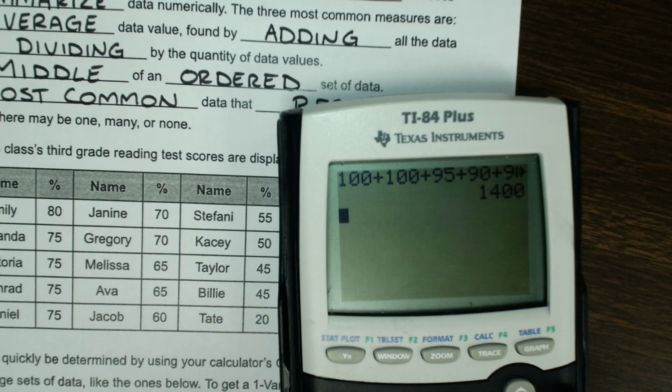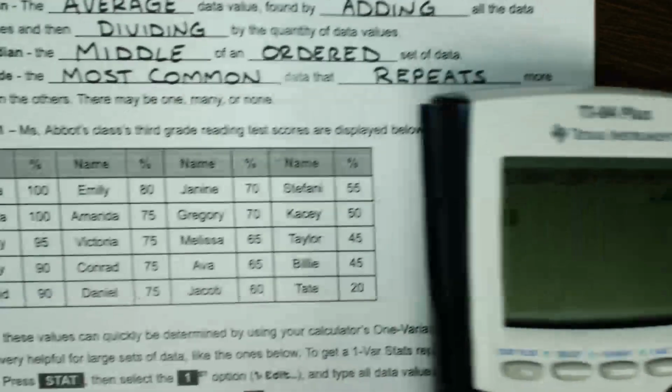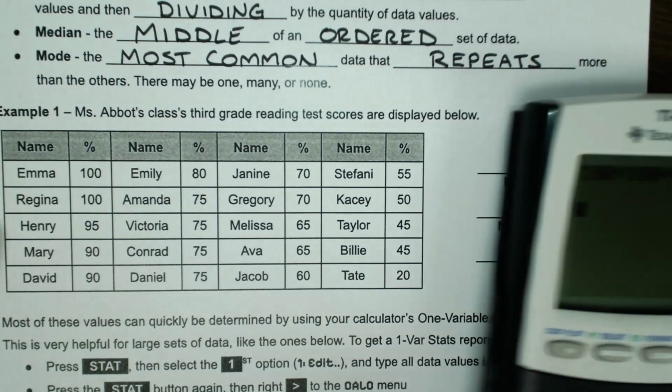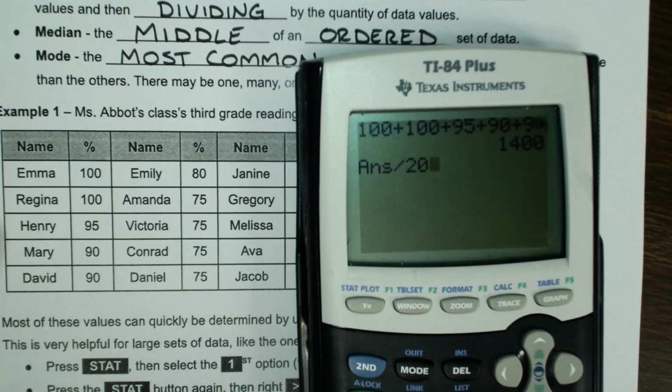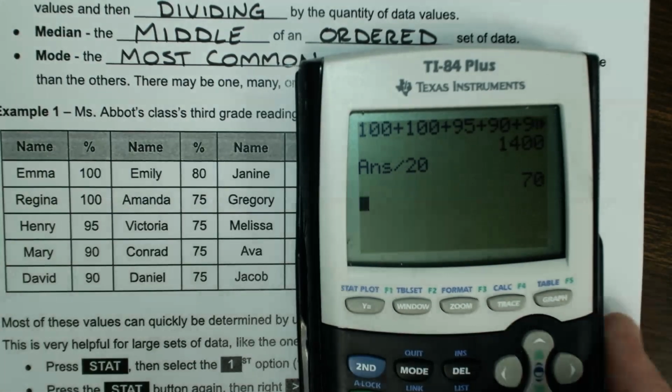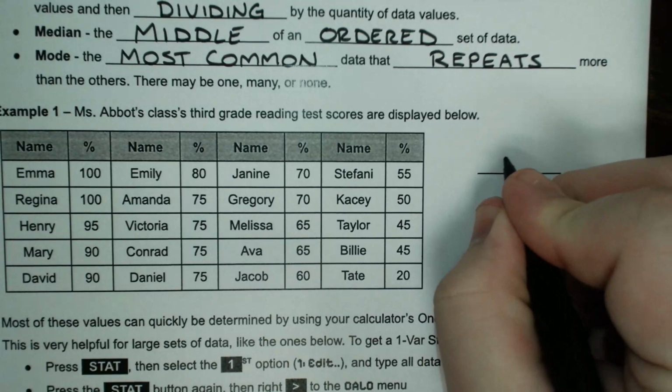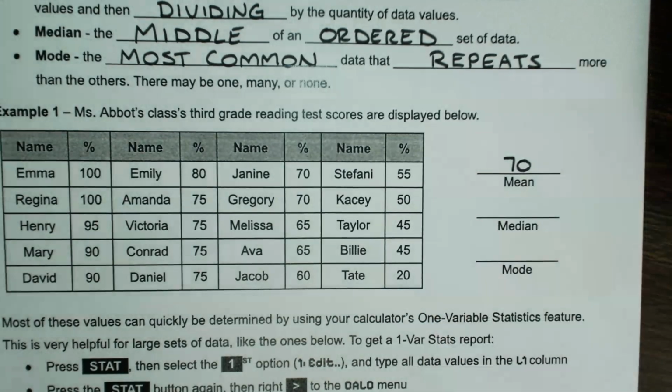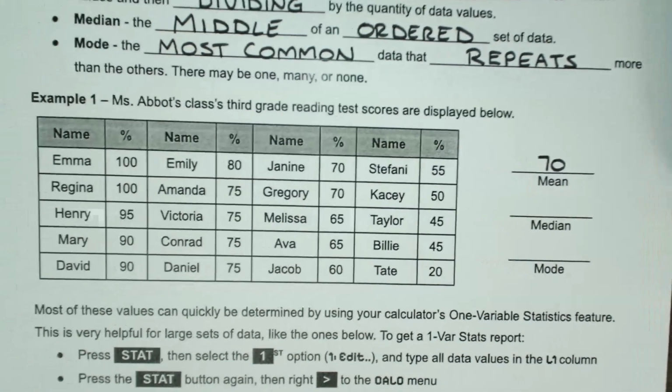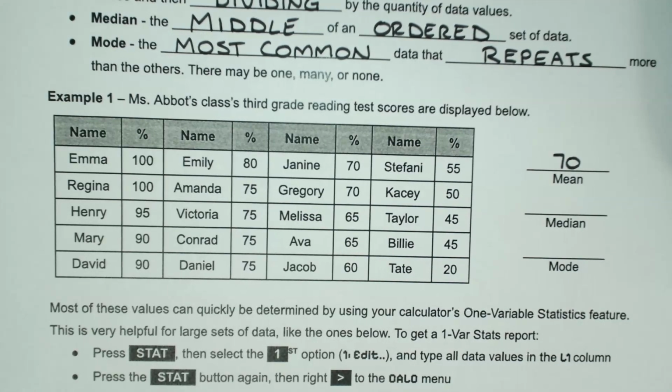So when I added all those grades together, I got 1,400. Is that what y'all got? Yeah. And then it looks like there are 20 people in that class, so I'm going to divide by 20. I get 70. The average test grade was a 70.